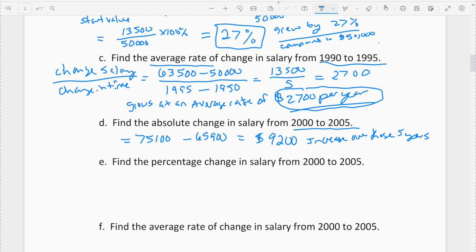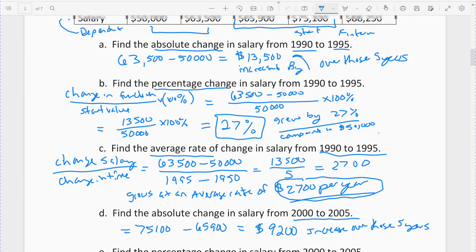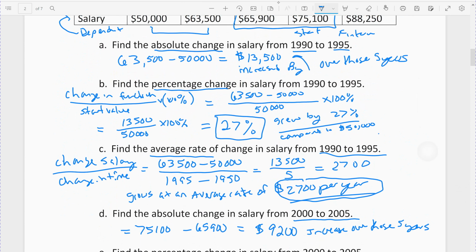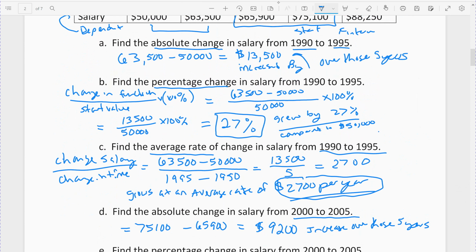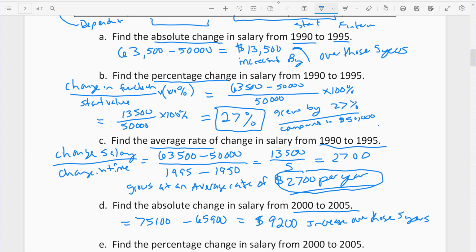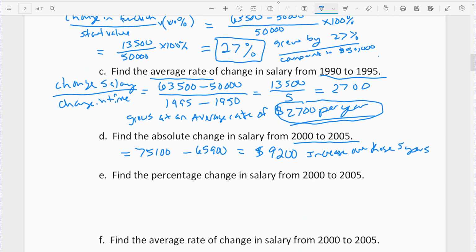Again, we did a different value. So depending on which 5 years I'm looking at, I got a different value, right? Between 1990 and 1995 it rose by 13,500. So it had a bigger change between 1990 and 1995 than it did between 2000 and 2005. There was a smaller change. They both still grew, but it was a smaller growth from 2000 to 2005.